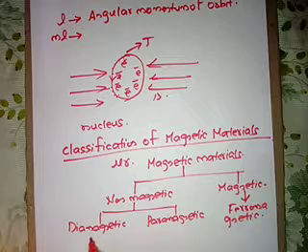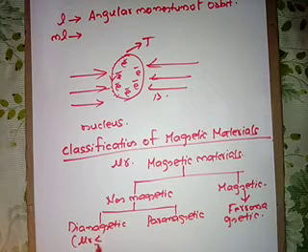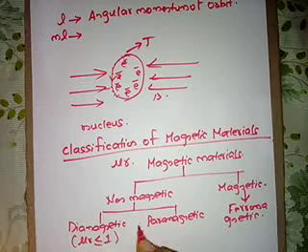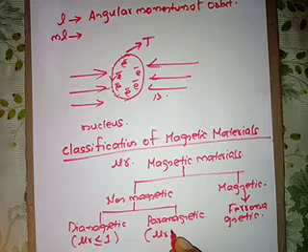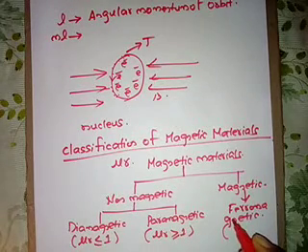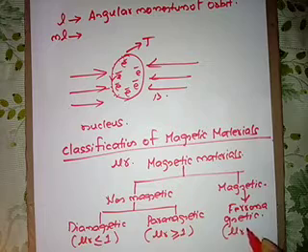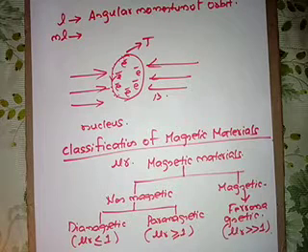In diamagnetic materials, the relative permeability mu r is slightly less than 1 or equal to 1. In paramagnetic materials, mu r is slightly greater than 1 or equal to 1. In ferromagnetic materials, the relative permeability mu r is very, very much larger than unity. So this is how the different magnetic materials are classified.